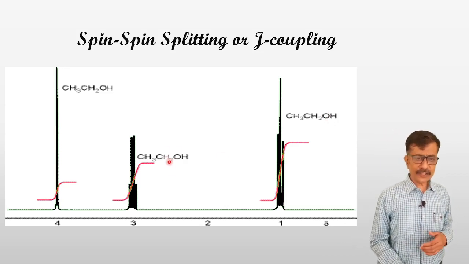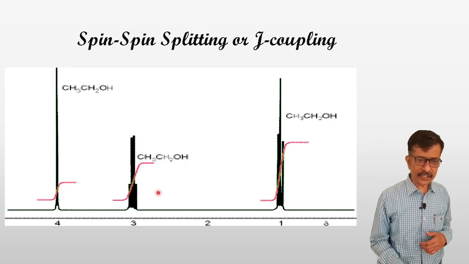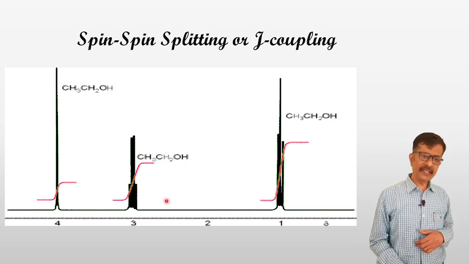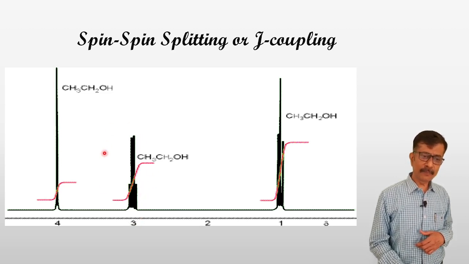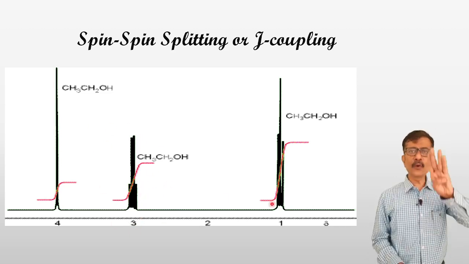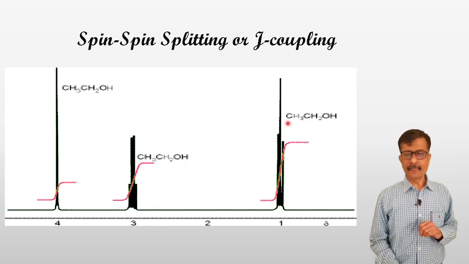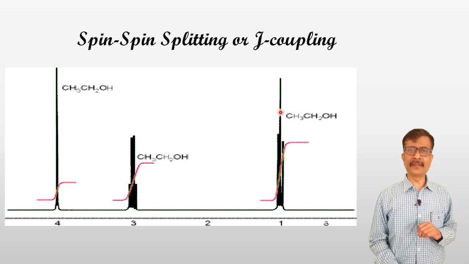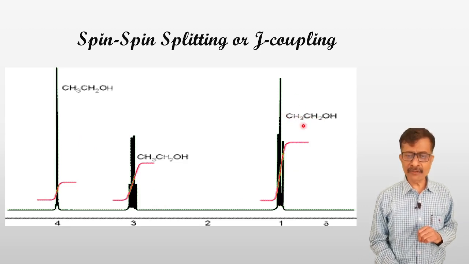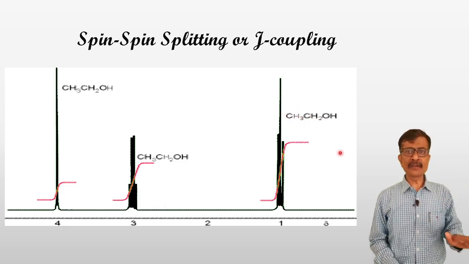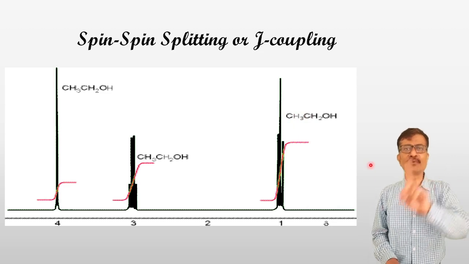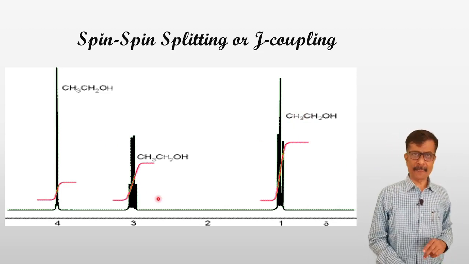Now, if you look at this CH2 peak, it has split into 4 peaks: 1, 2, 3 and 4. This CH2 peak has been split into 4 peaks because its neighboring carbon contains 3 hydrogens. The number of hydrogens on the neighboring carbon plus 1 will be the splitting.